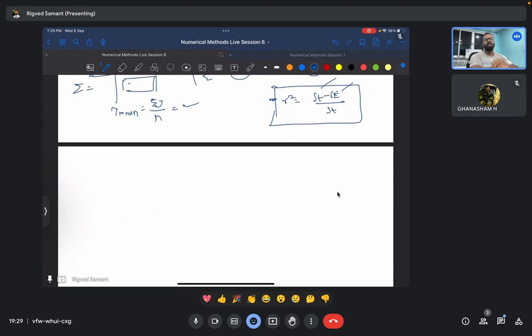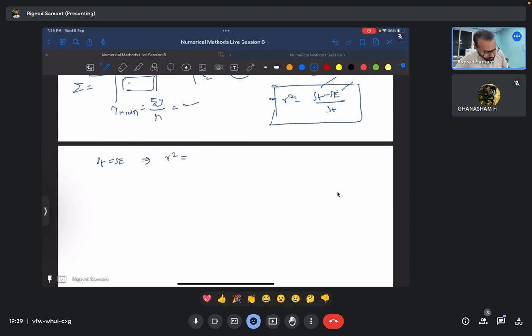So rather than making a model, I would have just taken a mean of it. So your whole process is redundant. So if you get ST equal to SE, then R square would be 0, because ST minus SE will be 0, right?